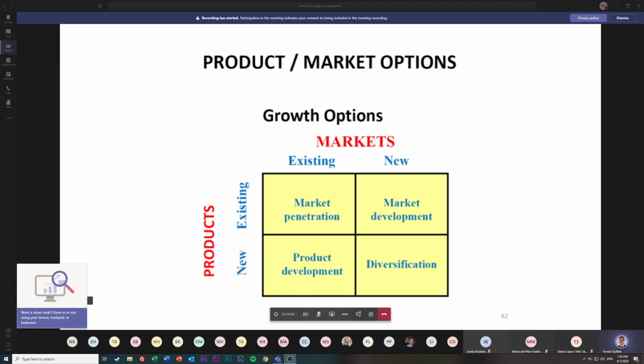Diversification describes the situation where there is a new product and a new market. It is a different situation in comparison with market penetration, because we would like to differentiate our product and our company. It's typical if we have some innovation in a new market. So we are presenting our so-called USP, a unique selling proposition.